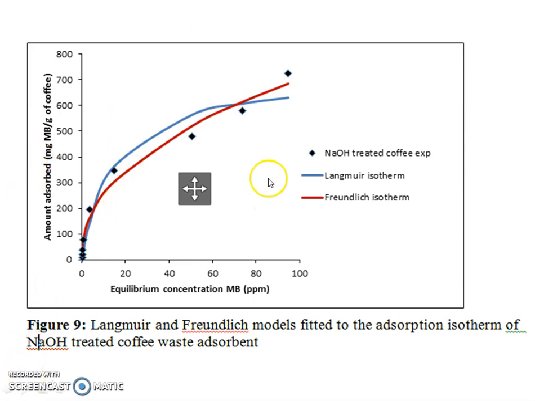In this graph, we have three sets of data, which are presented by the blue line, the red line, and these black dots. So here on the right hand side, we have the legend, which tells you what each set of data is. The black dots are your sodium-treated coffee experimental data, your blue line is the Langmuir isotherm fit, and the red is your Freundlich isotherm fit.